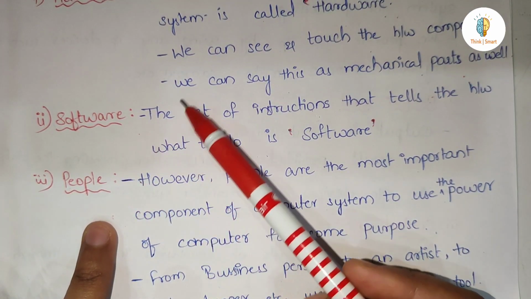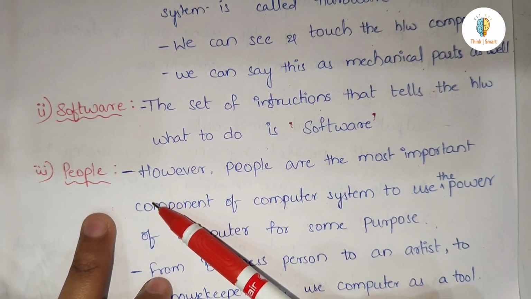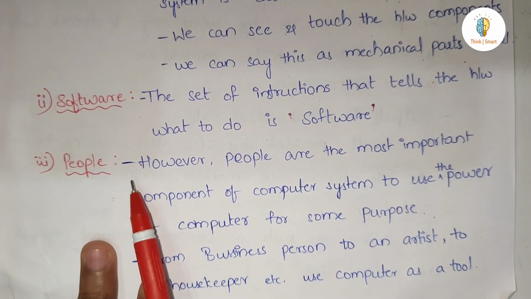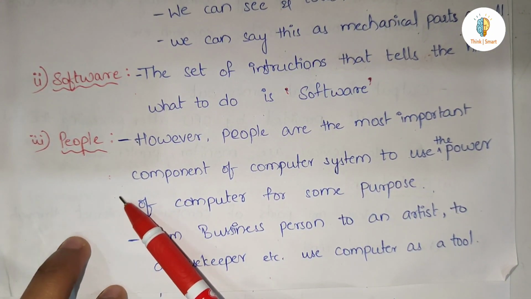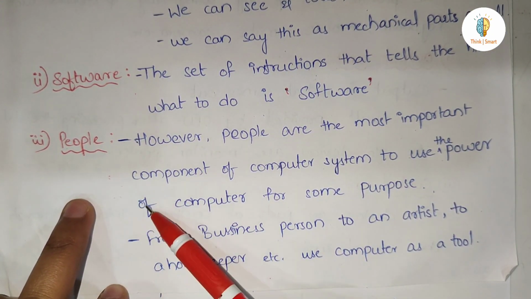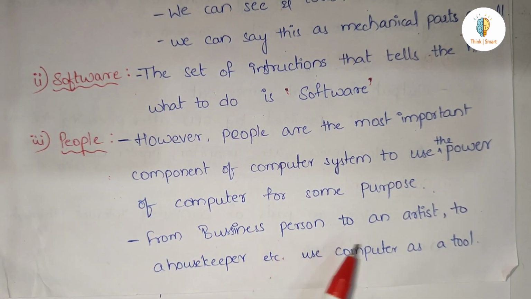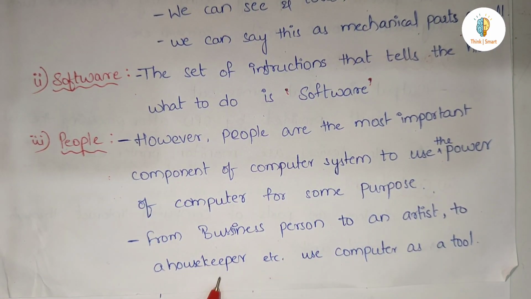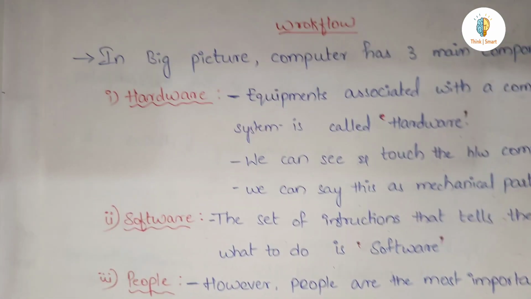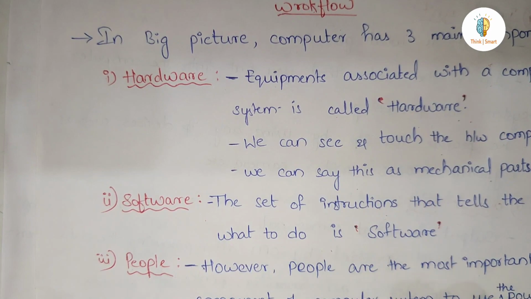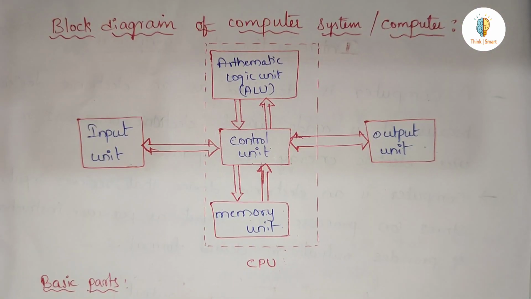Without people, who can use the computer? See, people is the most important component in the computer system. They use the power of the computer, from a business person to an artist and a household keeper. They use the computer as a tool. So in the big picture, these are the three main components.